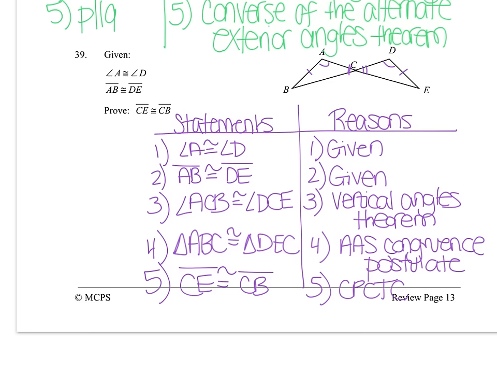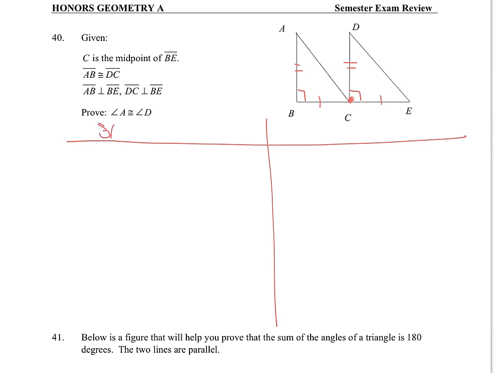So in order to do this proof, I'm going to do a 2-column proof with my statements on the left and my reasons on the right. So I'm going to start with my first statement, my first given, which is C is the midpoint of BE.